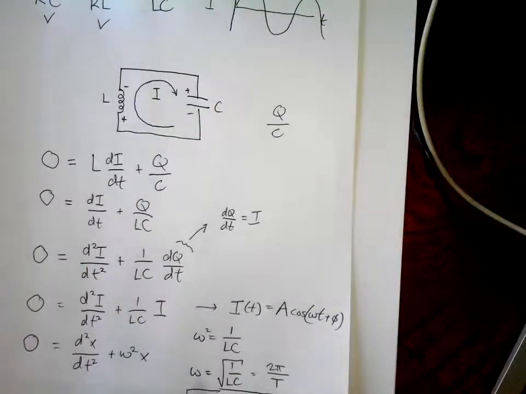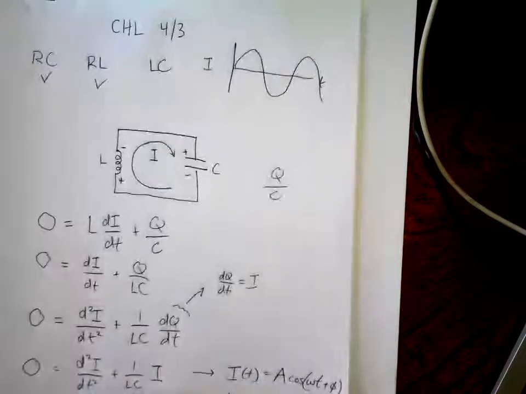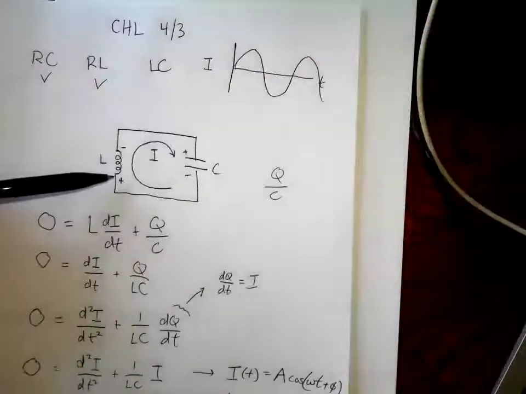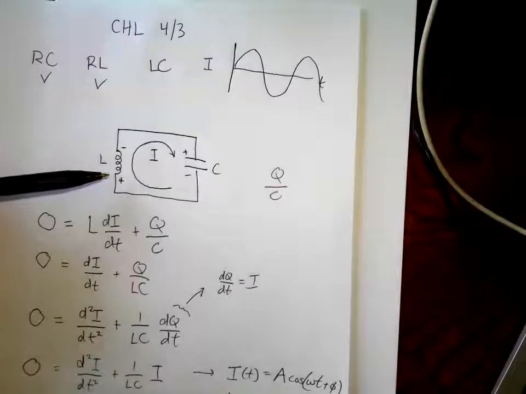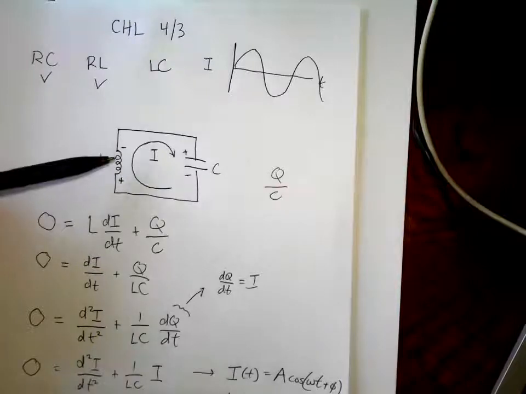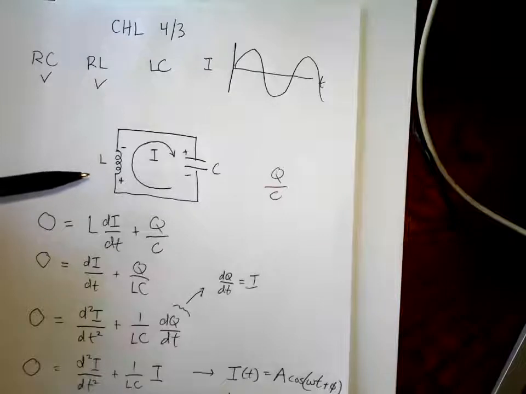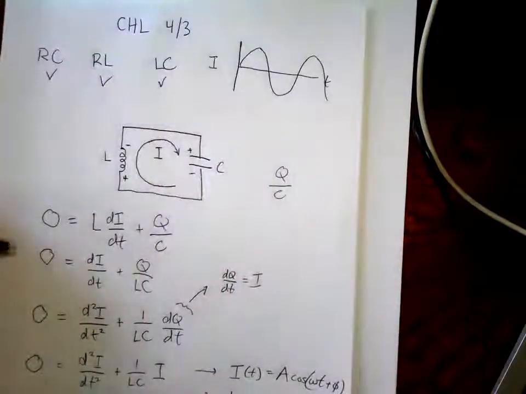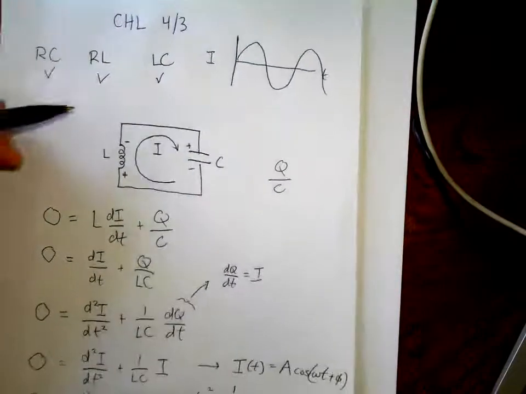Now, one thing I want to say is that I mentioned yesterday how inductors always have a resistance in reality, because the inductor involves a lot of wiring, and wires intrinsically have resistance. So really, this circuit is not just an LC.